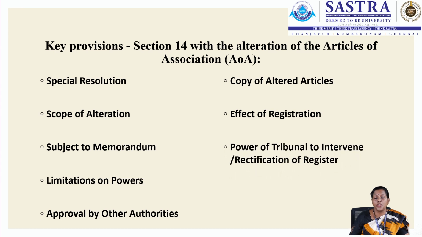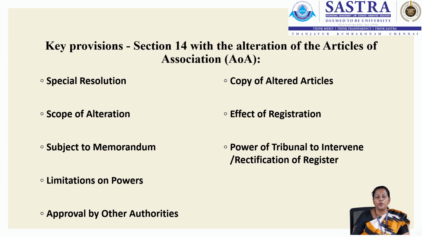In case the National Company Law Tribunal feels that there is a violation in the changes that had been made in the articles of association, or if they feel that the minority members' interests are affected, they will ask the company to rectify the changes in the articles of association.